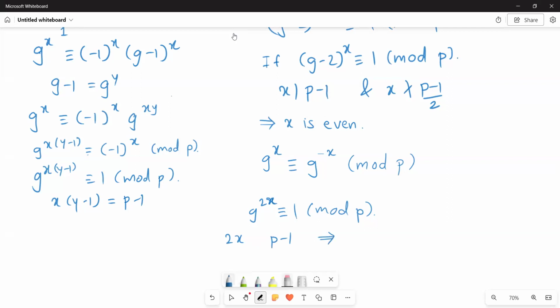The 2x can't divide p minus 1, because 4 divides this and 2 divides this. Okay, 2x does not divide p minus 1, and x is less than p. Yes. So that forces x to be p minus 1 over 2 if it is not p minus 1.